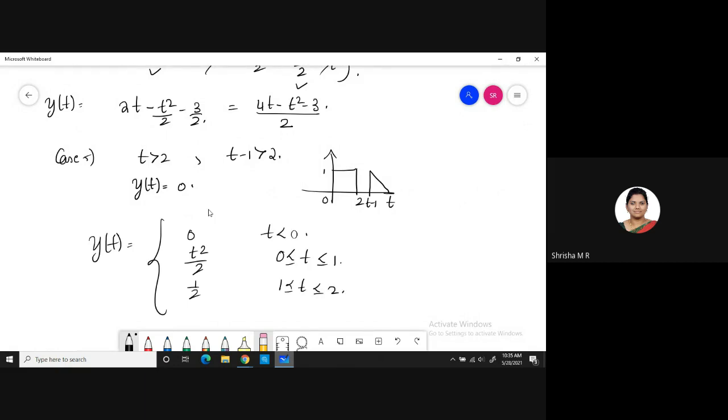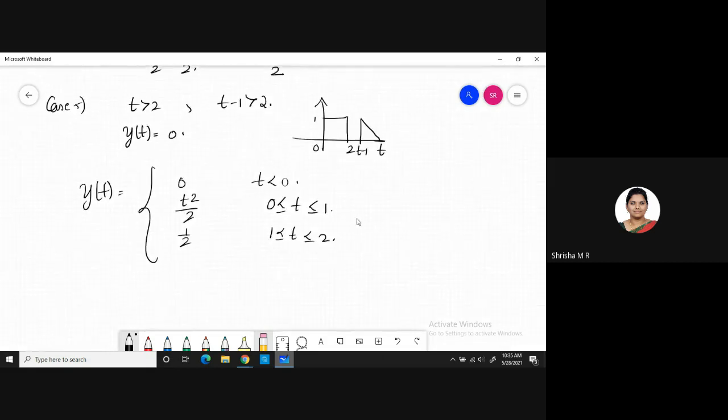Then case 4, it was 4t minus t square minus 3 by 2 when t was greater than 2 and t minus 1 between 1 and 2. Okay, so case 5 was 0 if t was greater than 2 and t minus 1 also greater than 2.